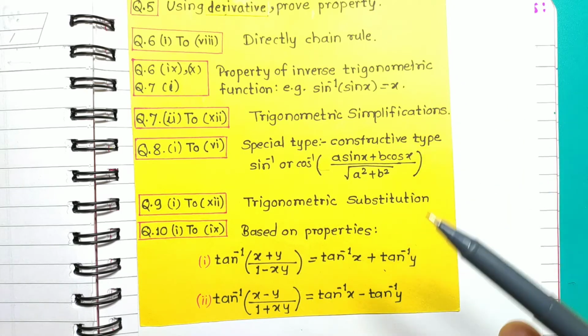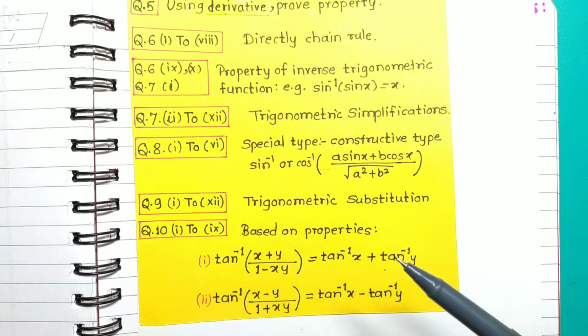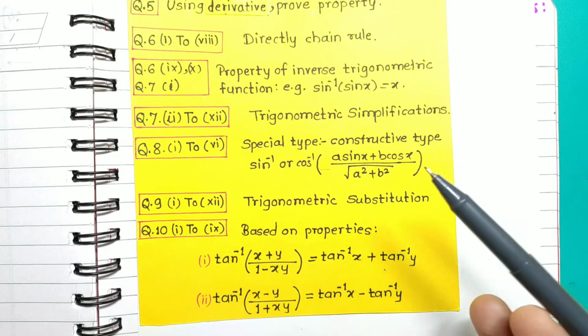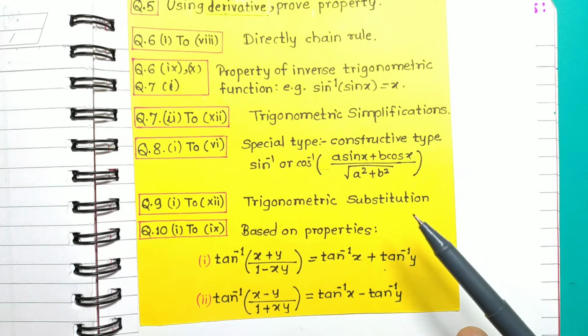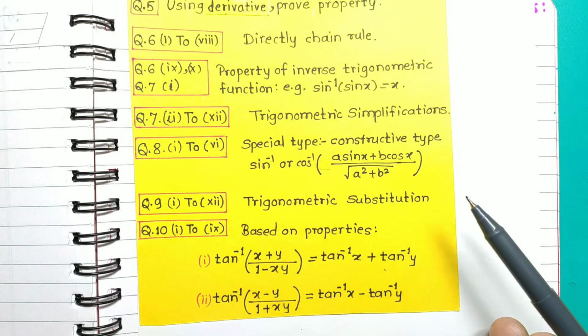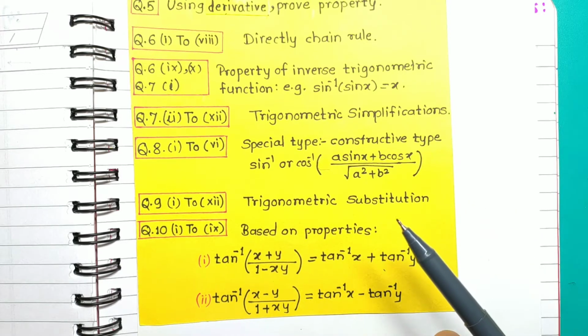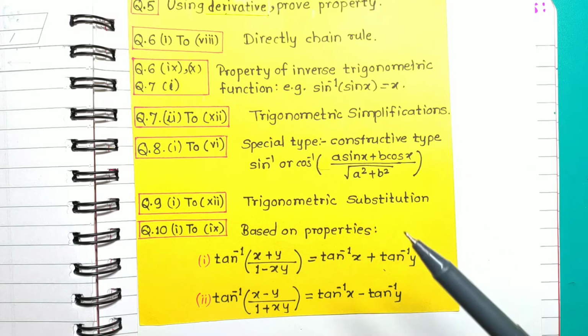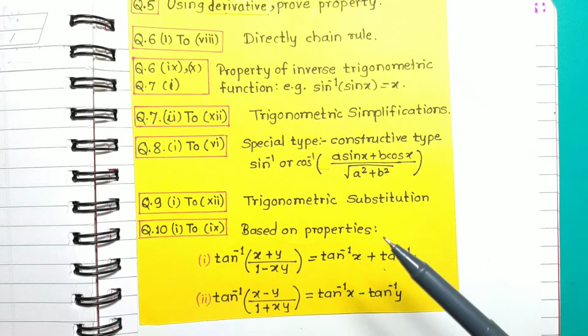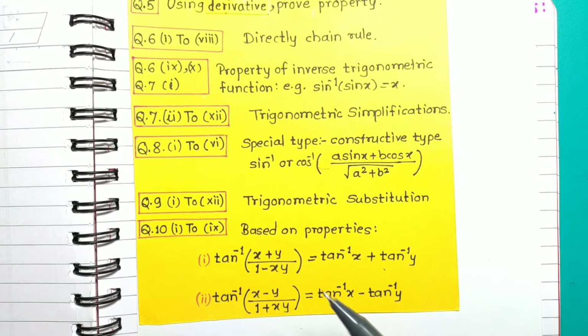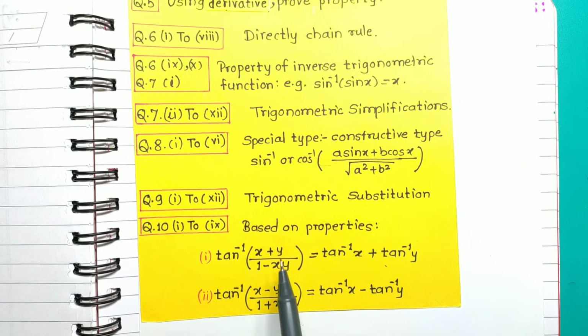Once you keep this analysis in your mind, you will be able to identify a problem appearing in an exam question paper, and you will be able to apply the technique to solve that problem easily. But all this needs lots of practice. After this analysis, let's move to question number 10, which is based on these two properties.